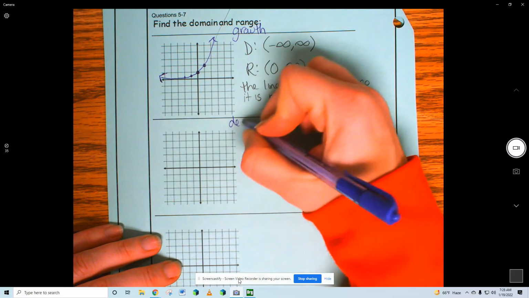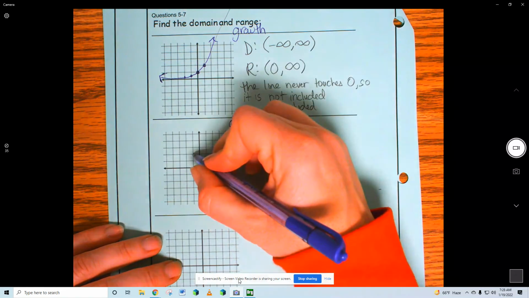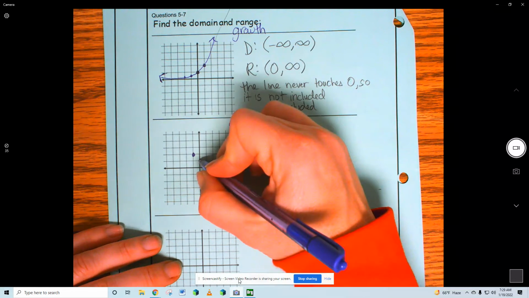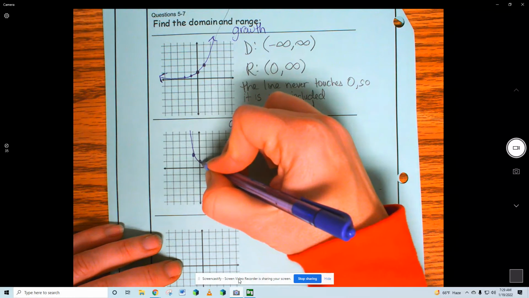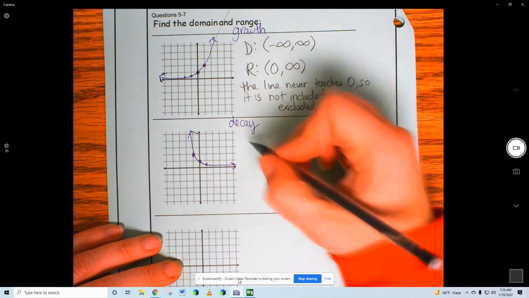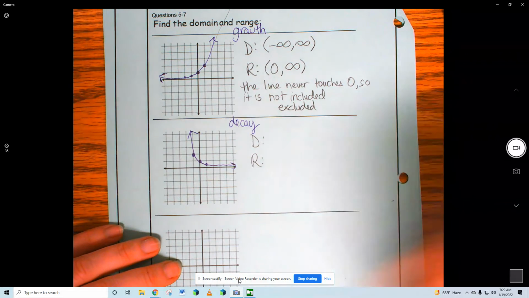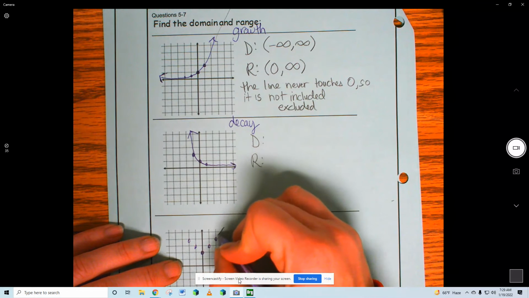This next one I'm going to do is exponential decay. It looks like this. Negative 1 up to 0, 1, 1, 1 half. And the third one I'm going to do is going to be an absolute value.